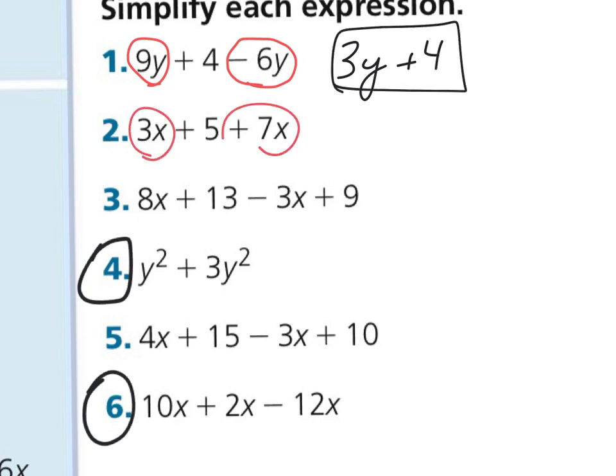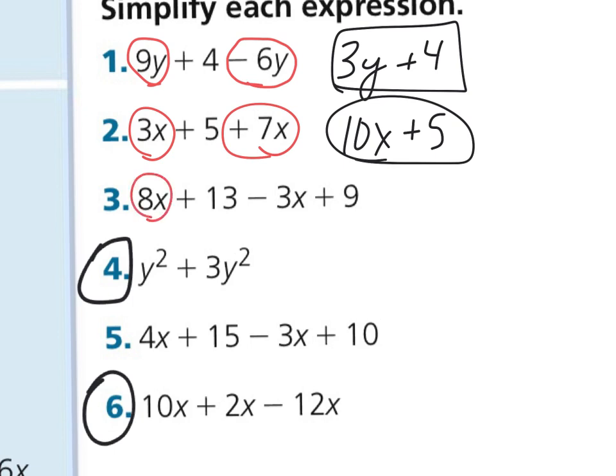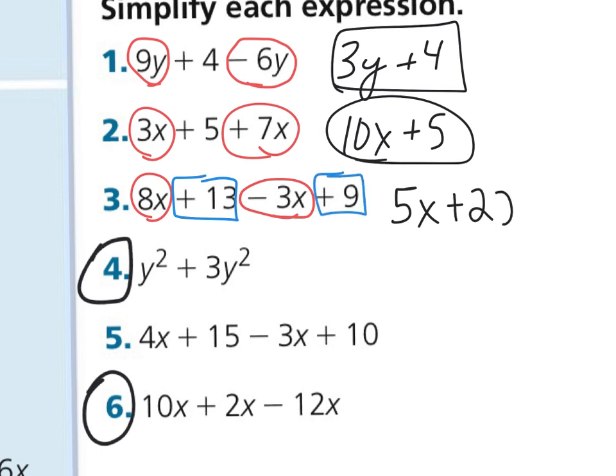Number 2, we've got 3x plus 7x, that would be 10x, and we bring down the plus 5. Number 3, we've got 8x minus 3x, would be 5x, and then we've got 13 plus 9 would be 22.